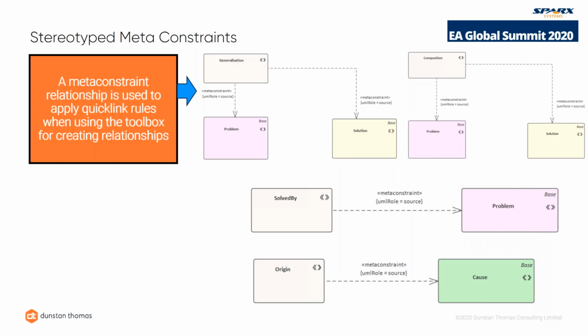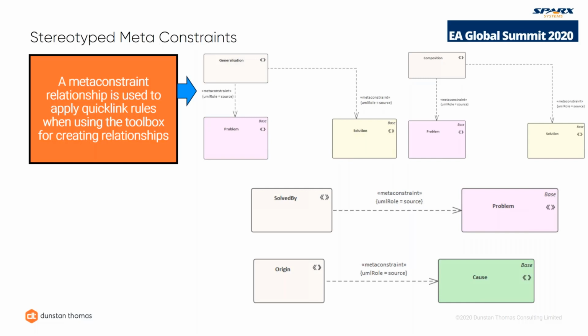So what I would advise you do is stipulate your targets in your stereotype relationship. What am I targeting? You saw that on the previous slide. And in your meta constraint, just confine yourself to what are the valid sources.